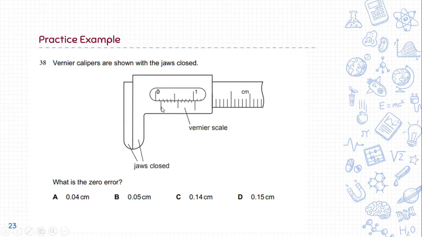So the first reading is 0.1. Now we're going to look where these lines match from the main and the Vernier scale. So they match at 0.04 at the fourth marking. So 0.1 plus 0.04, 0.14 centimeter is the zero error on this Vernier caliper.